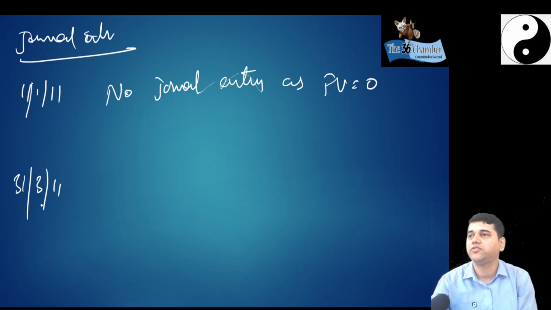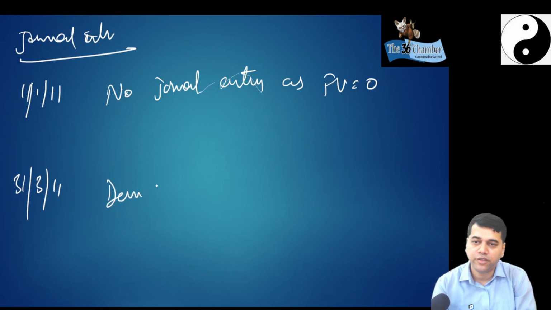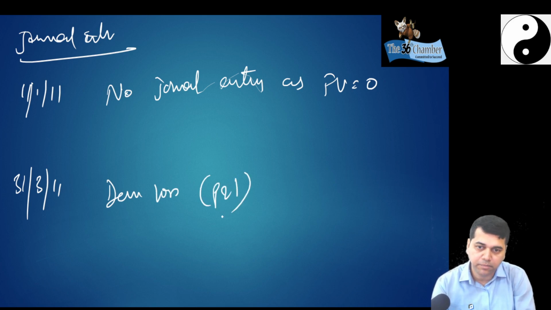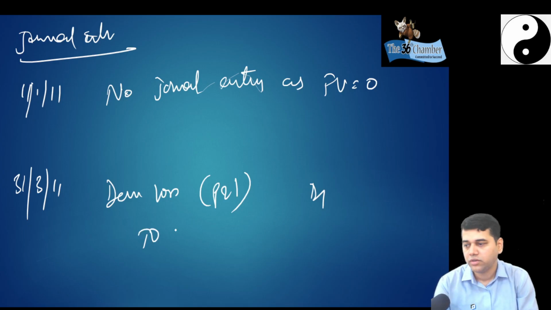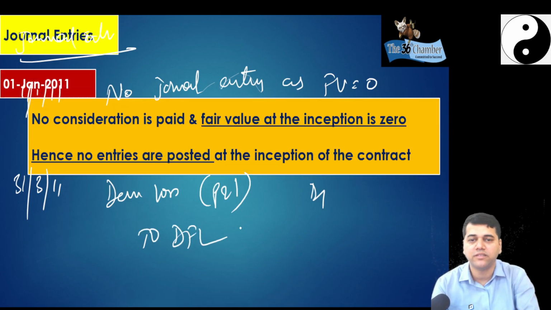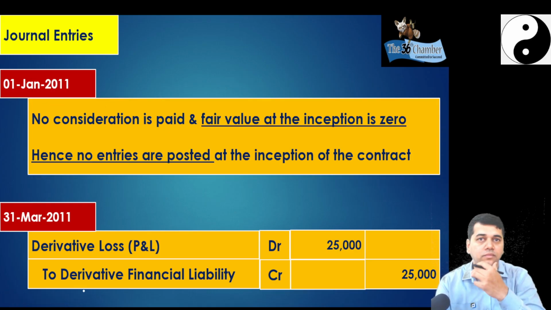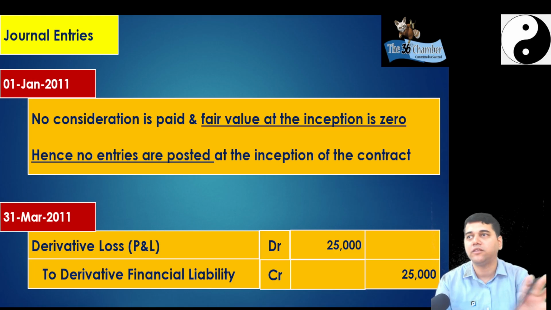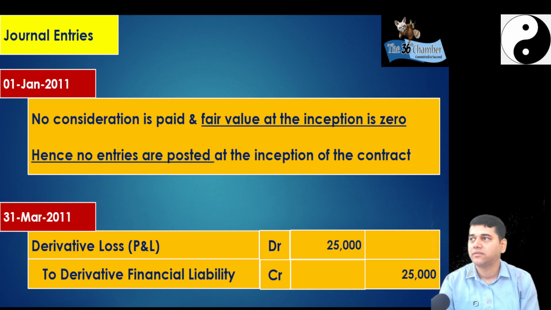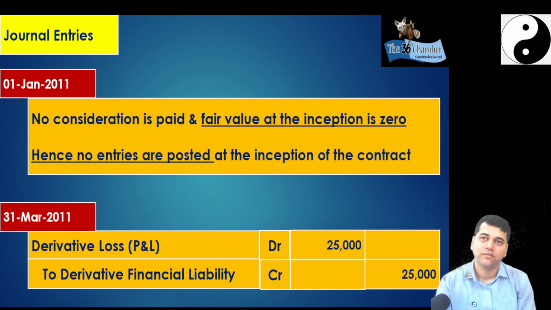Tell me, what is your position? Derivative loss in bracket P&L to derivative financial liability, because it has got a negative contract value for you, not for him. For him, negative means nothing, no entries in both the books. Clear, no, Soha?